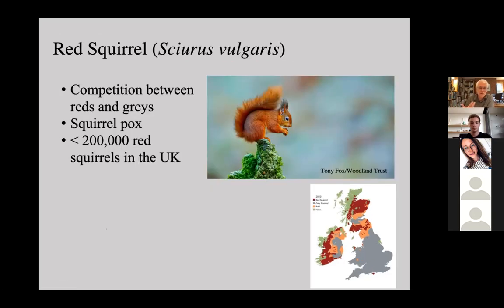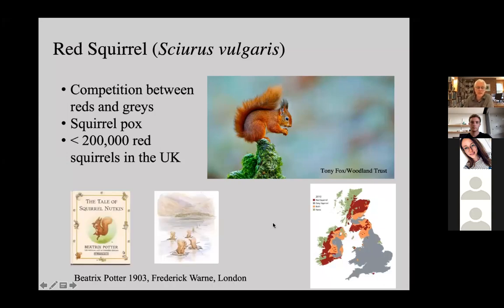There is competition between reds and greys, which basically turns around resistance to squirrel pox, a disease that came in with the grey squirrels and to which red squirrels are vulnerable. So grey squirrels move into a woodland, the red squirrels get sick and die away. There are now less than 200,000 red squirrels in the UK, and they have a huge following, not least because of the place they have in childhood literature.